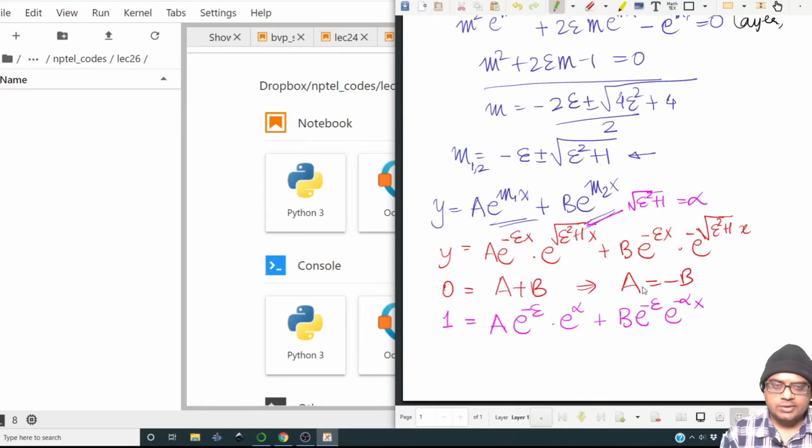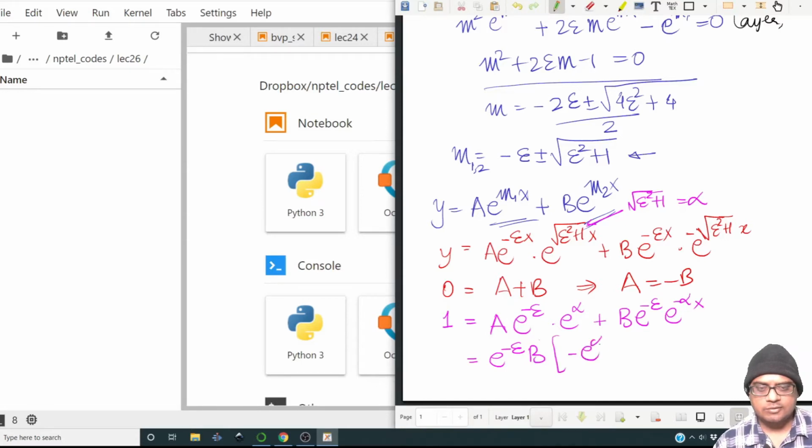So substituting a equal to minus b, what do we have? e to the power minus epsilon times b times minus e raised to alpha plus e to the power minus alpha.